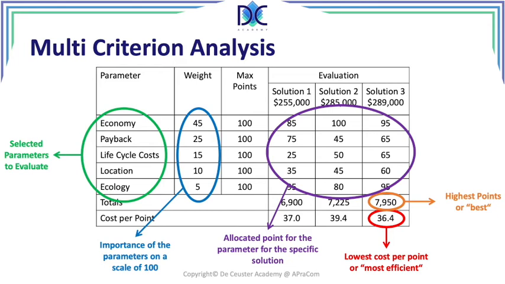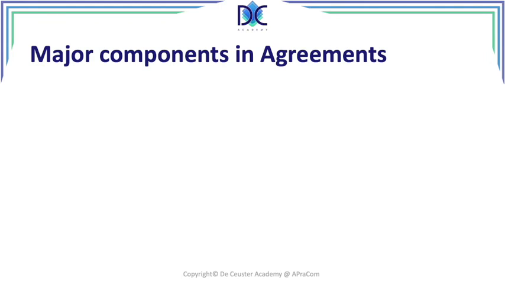So we have to convince our management to take solution 3 in this case, although solution 1 is a lot cheaper than solution 3. But solution 3 is the best solution and is the most efficient. These things are very interesting to apply on selection of suppliers when you have an RFP or when you have some other proposals. Now, finally, when we finish with this, we have to make an agreement.